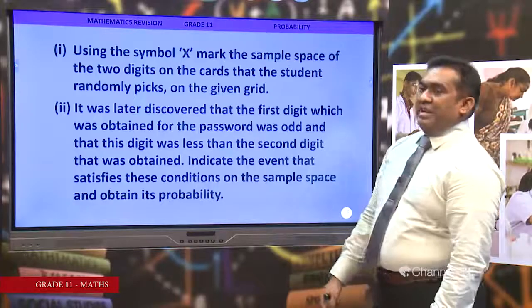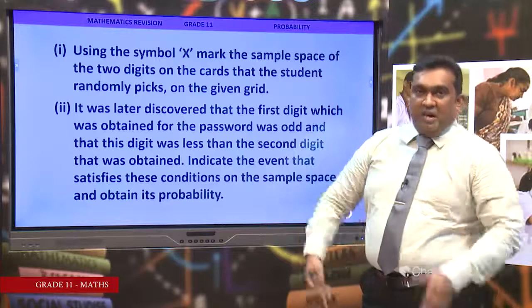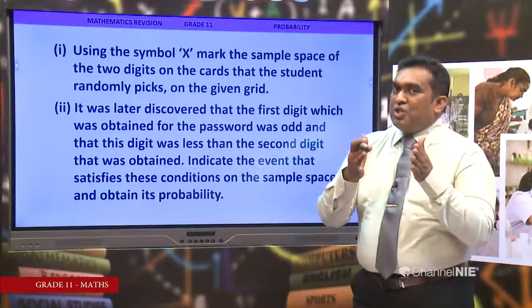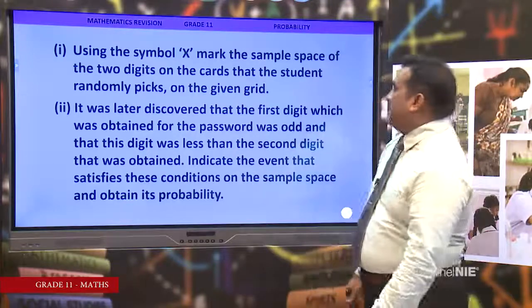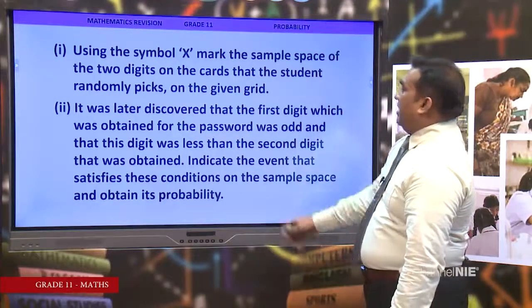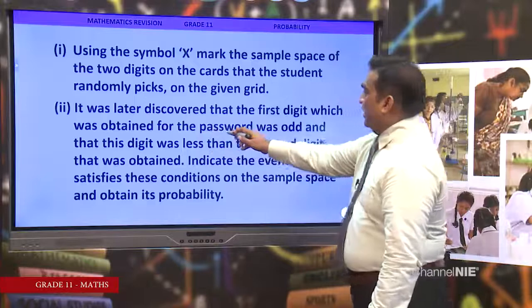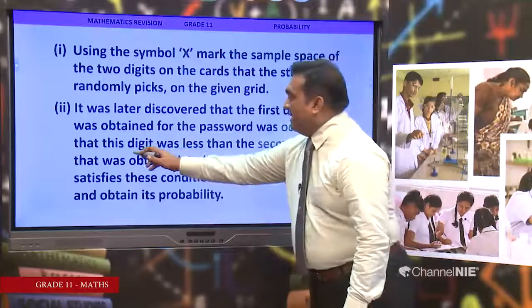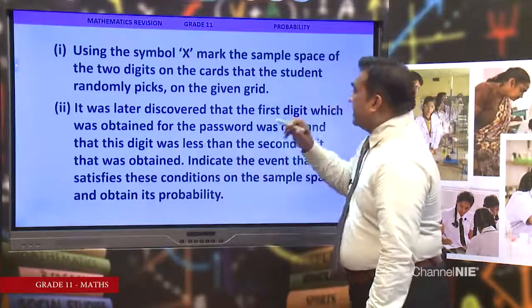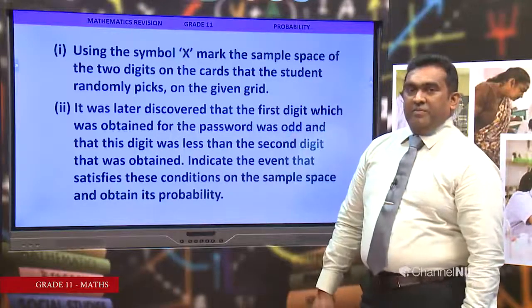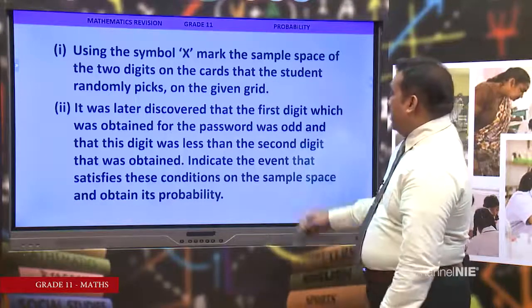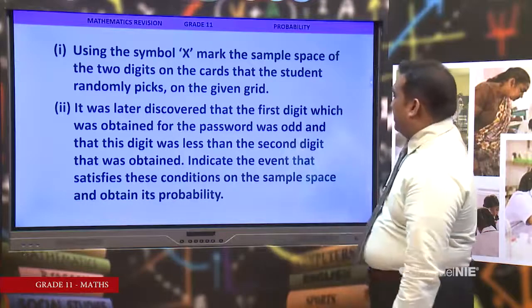What is the condition there? You get the essential words there. The password digit was odd and that digit was less than the second digit.